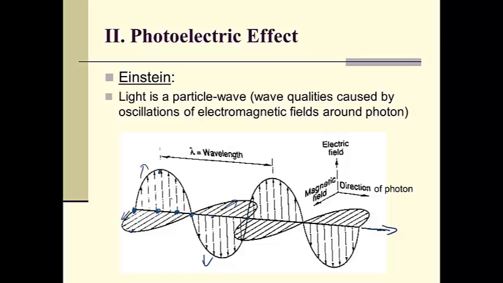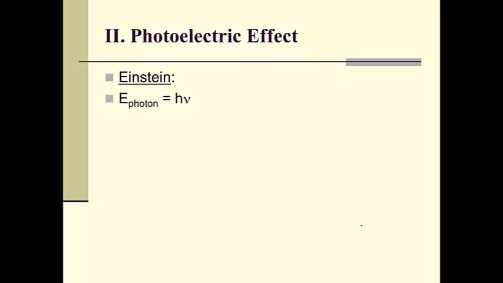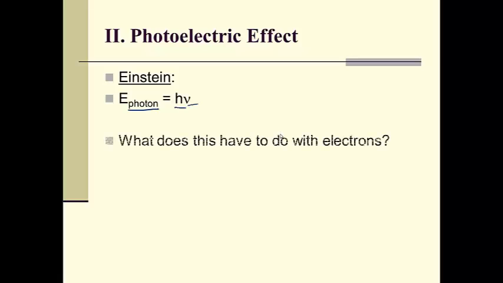So the wave comes from the fact that as the photon moves, the field oscillates and you get this nice little wave motion. And Einstein said the energy of light is the energy of the photon and still uses Planck's equation, h times the frequency.